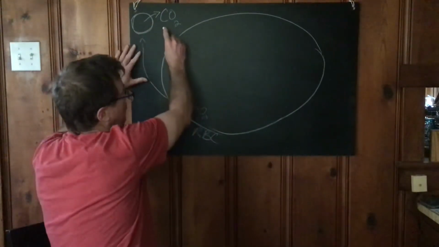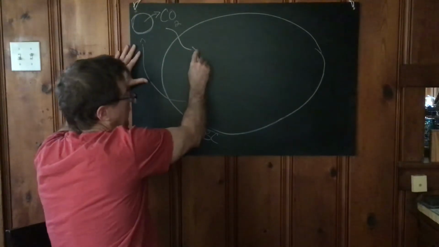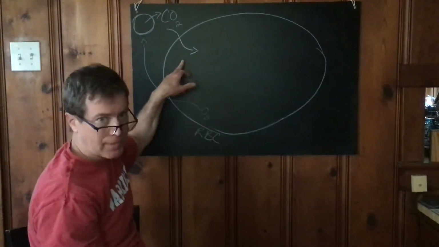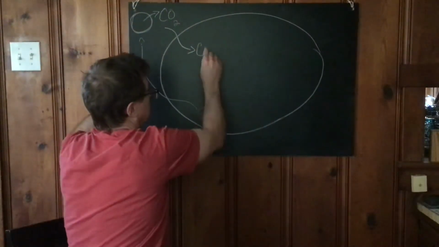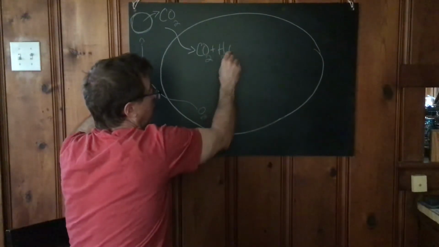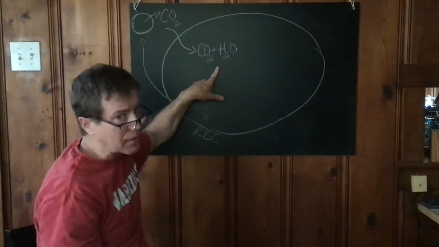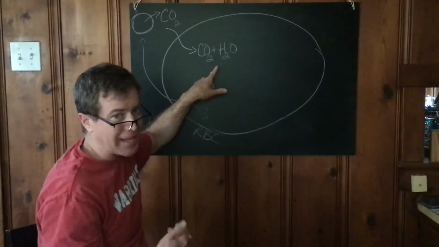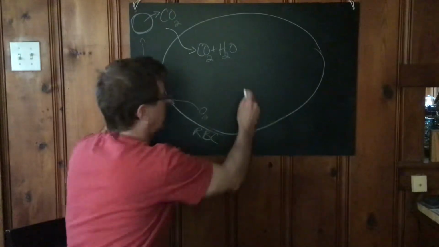So the CO2 has the ability to diffuse into the red blood cell, and then it combines with water inside of the red blood cell to form a weak acid called carbonic acid.